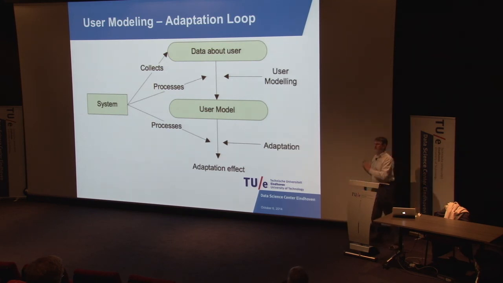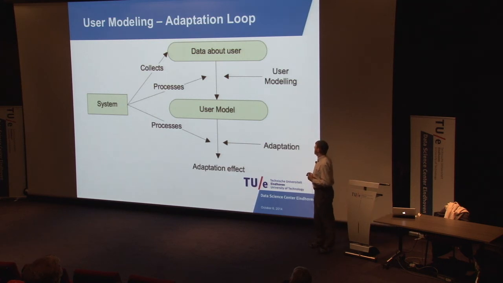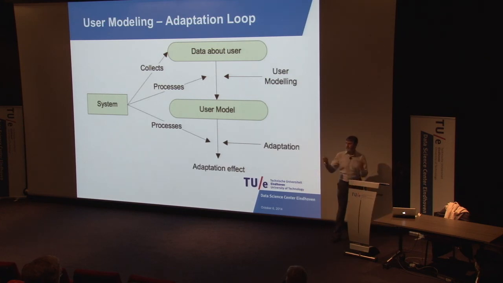It represents what we know about the users, and the user model allows the system to generate adaptation. So when you issue a request to the system, the response from the system will depend on what the system knows about you, what you have done before, right? And that is all recorded in your user model.